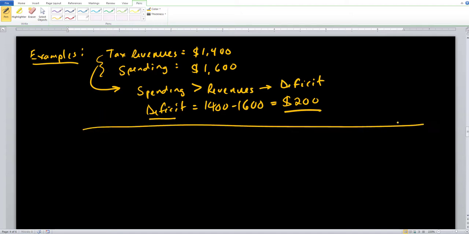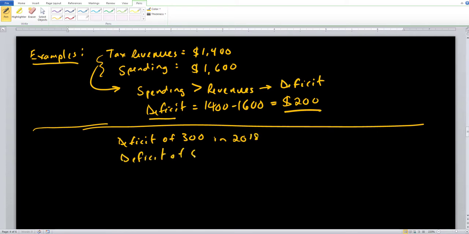Example number two is going to include 3 straight consecutive deficits. Suppose that we run a deficit of $300 in, say, 2018. We run another deficit of $500 in 2019.